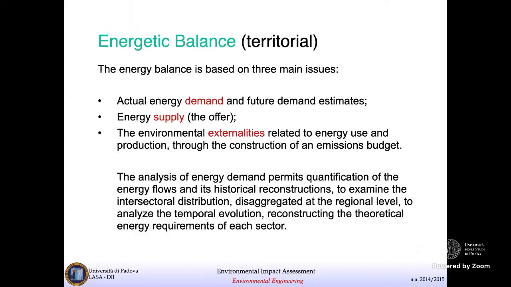Typically, an example is that of the energy balance, which is a territorial balance. The energy balance is based on three main issues: actual energy demand and future demand estimates, energy supply, so the offer, and environmental externalities related to energy use and production through the construction of emissions budgets.